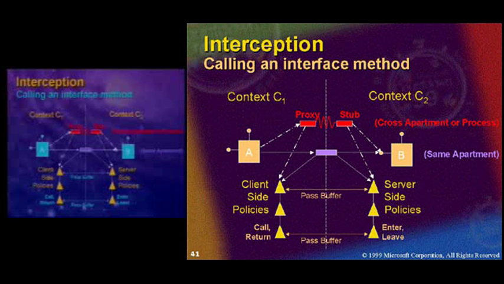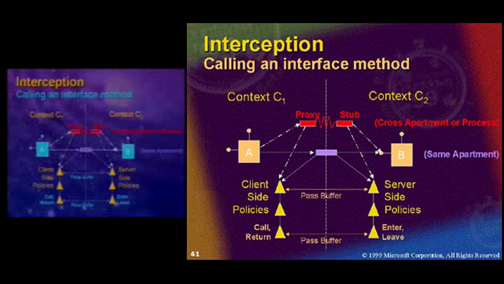If, on the other hand, there's a difference between the context of the caller and the context of the callee, it's likely that we need to do some work to implement the semantics of one or more services that you've elected to use. And the way that we do that is with something called policies. We'll talk more about what policies are in a minute.